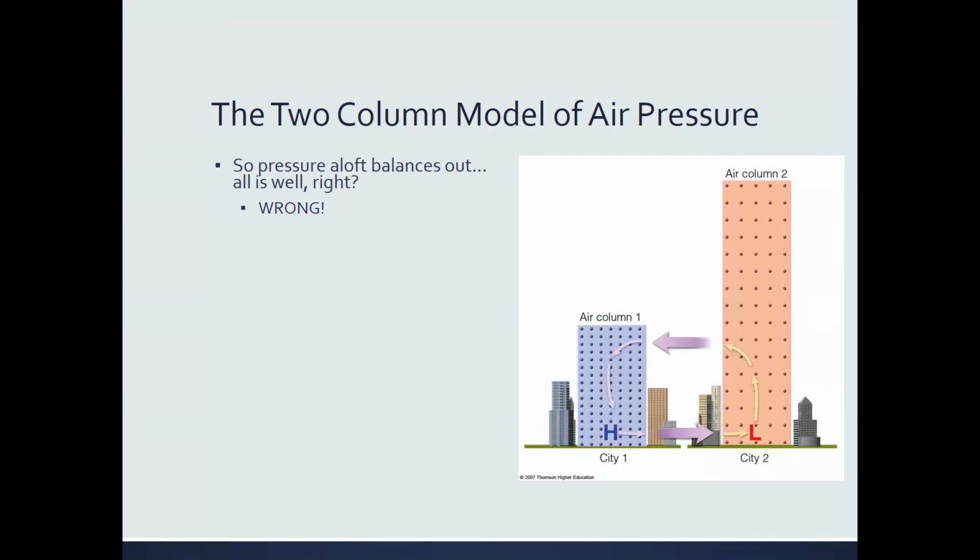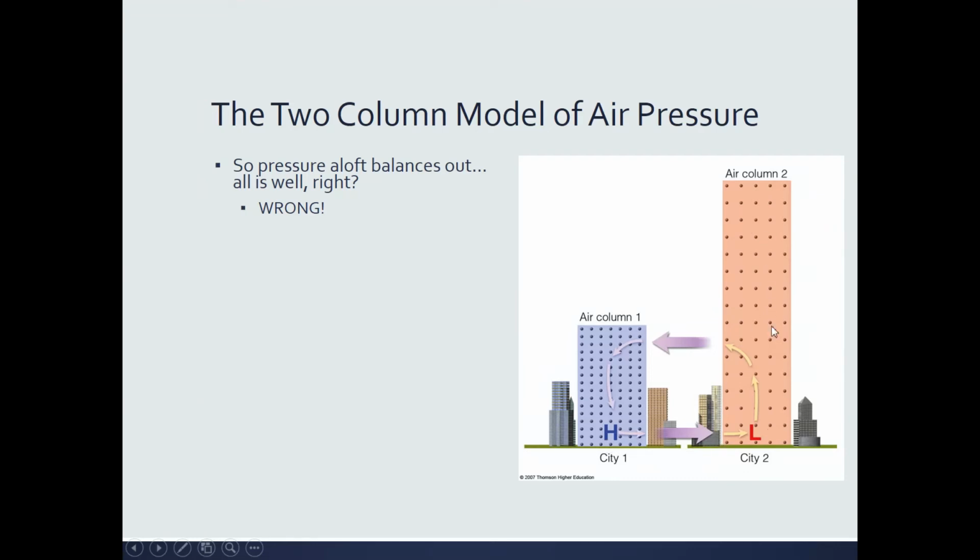Balance has been achieved, all is well, right? Not quite. You see, by adding air to column 1, even though we balanced pressures in the upper part of the atmosphere, we increased the pressure over column 1 at the surface.